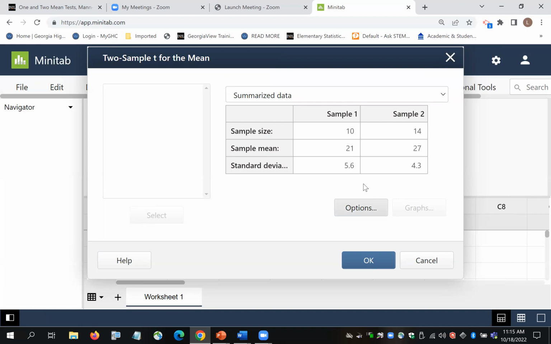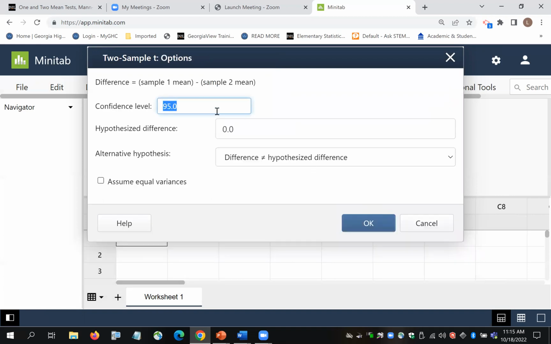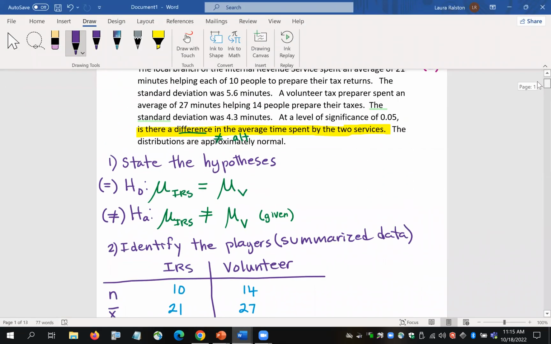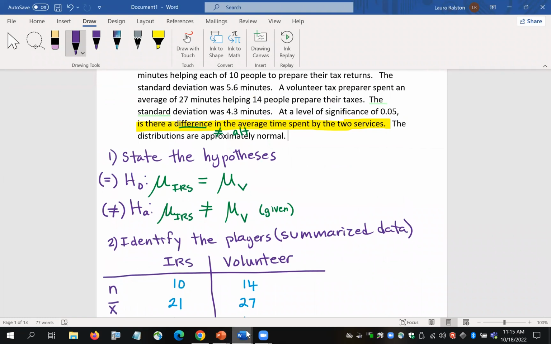So I enter the information that I pulled out of the problem. It is a 99% confidence level, because I believe it said use alpha equals 0.01, did it not? Make sure I read it correctly. I've got 0.05. Okay, I'm sorry.